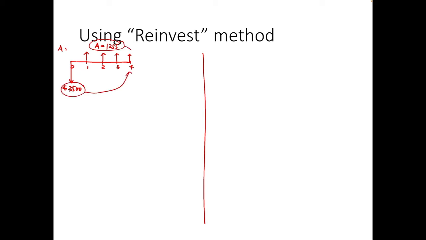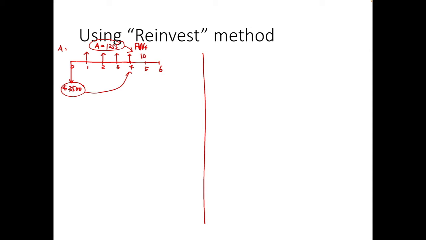And the way we can extend this 4 years to 6 years is we convert all the cash flows to the future time as FW4, okay, and then after that, we reinvest this at something else.